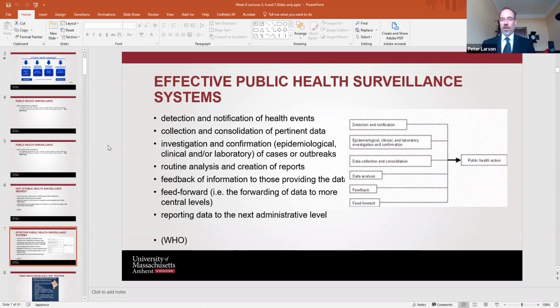Public health surveillance systems also report data to the next administrative level, so we can have a collection at every level. There's data collection and consolidation, data validation, and assurance of data quality. Again, no level is less important than another; every single level of this process is just as important as everything else.